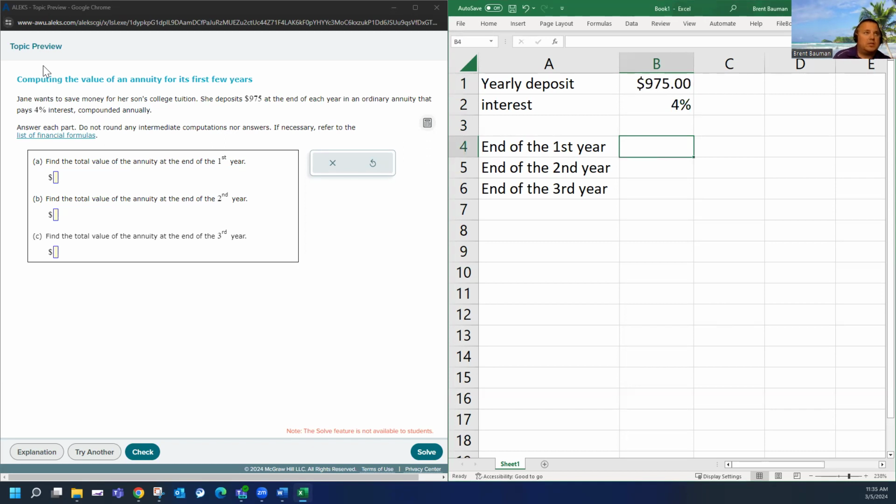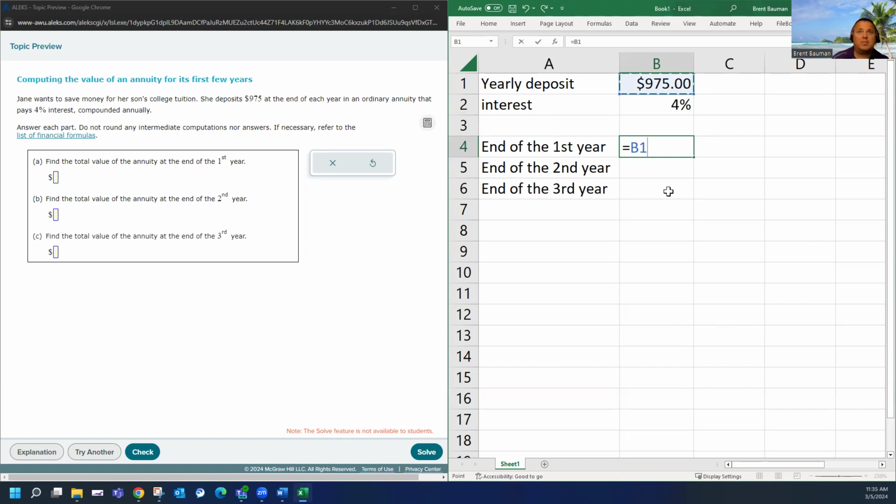So this individual, Jane, is going to deposit money for her son's college tuition at the end of each year. So if it's deposited at the end of each year, it didn't earn any interest for that year. So our end of the first year is just the deposit amount.